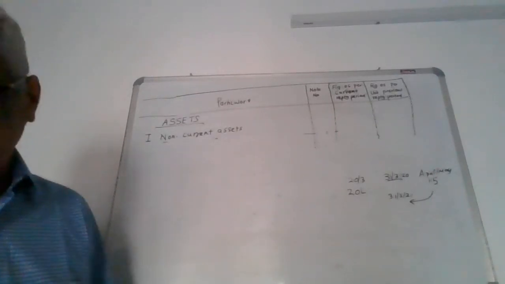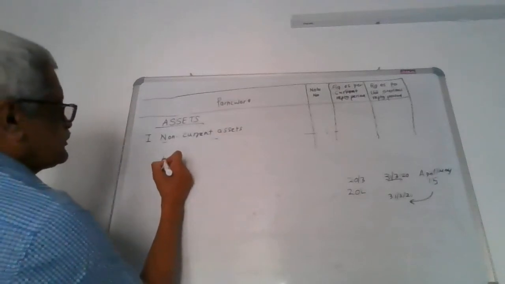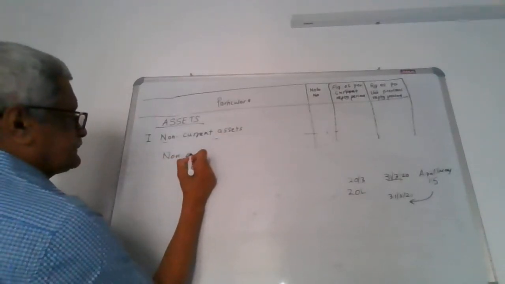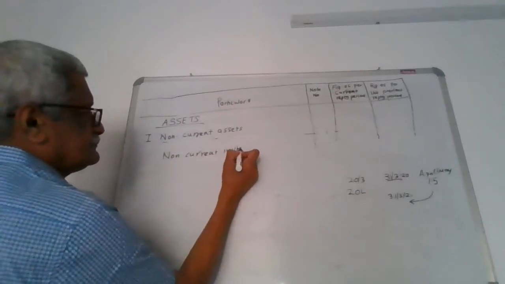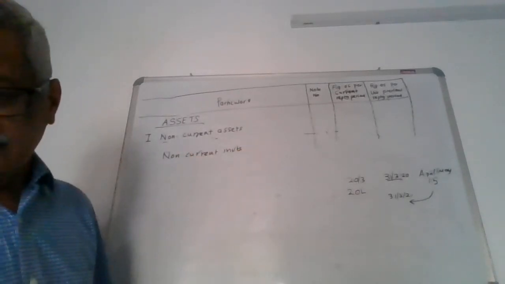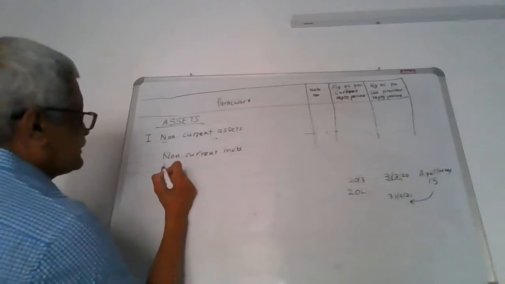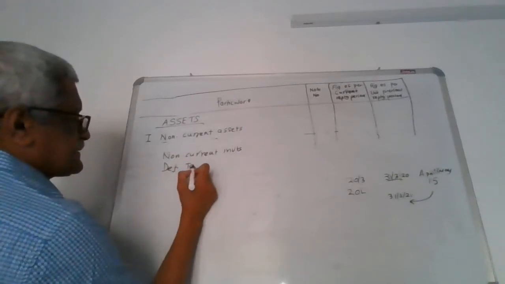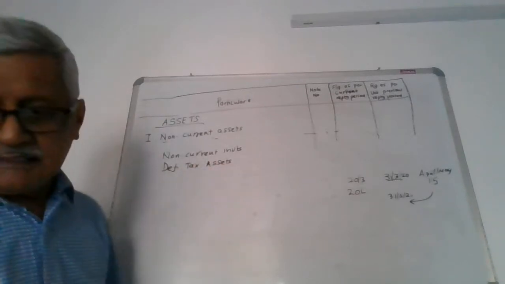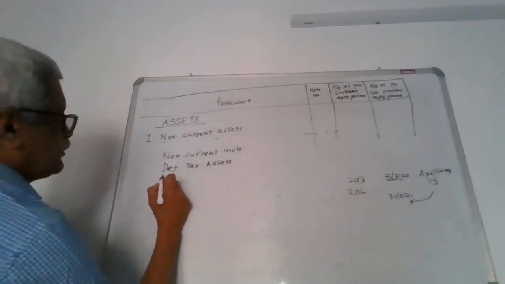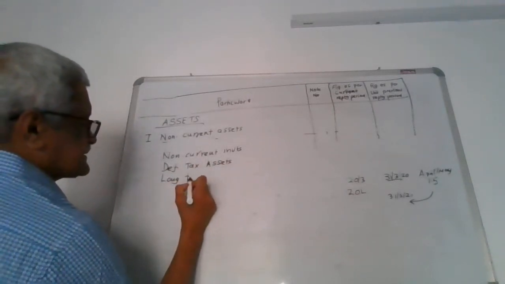The next non-current asset is non-current investment. The next one is deferred tax assets. The next one is long-term loans and advances.